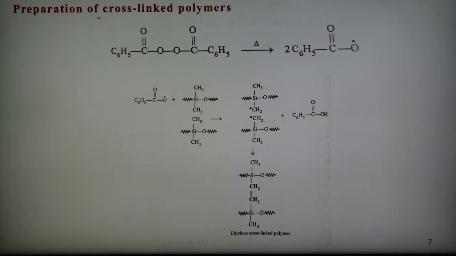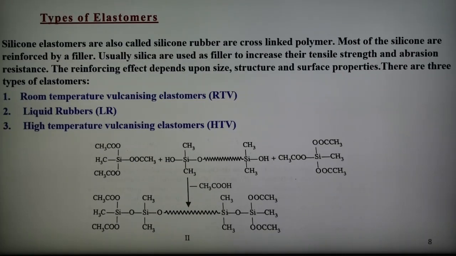And important uses of this, and there are three types of elastomer, and these different types are silicon elastomer, also known as silicon rubber, or cross-link polymer, PDMS, generally it is in short known as PDMS, that is a polydimethyl siloxane of high molecular weight.